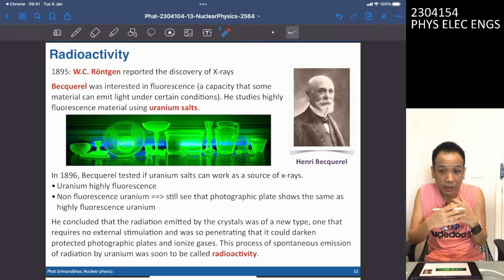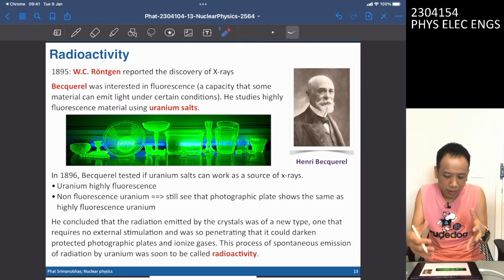So he was interested in the X-ray result, and he would like to study whether the fluorescence, which he was an expert on, could explain it.